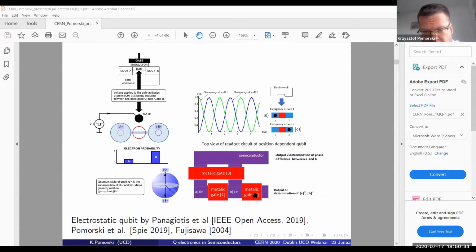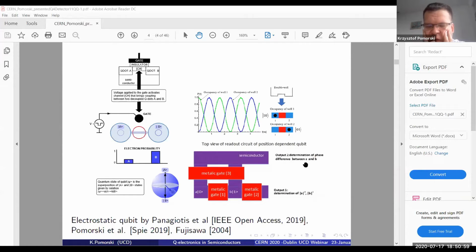So either you lift up the potential of metallic gate 2 and metallic gate 1, and then you determine a square and b square, or you unlift the potential of metallic gate 3, and then you only determine the phase difference.